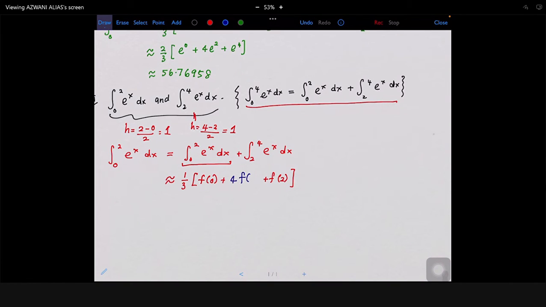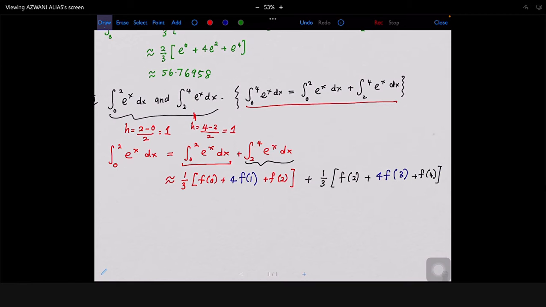And plus this part, 1/3 F2 plus 4 F3 plus F4. Betul? Jelas tak? So kita dah pecahkan, kita buat terus untuk pecahan integration tersebut.